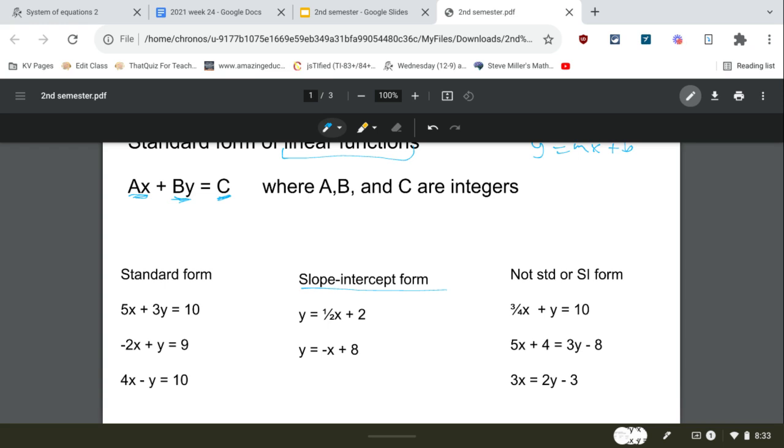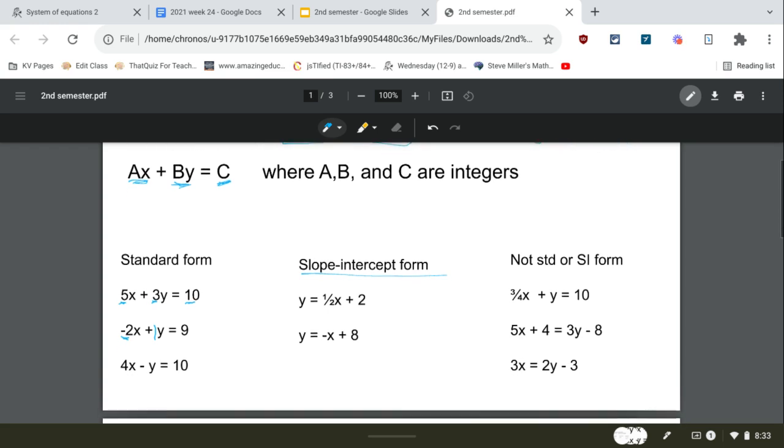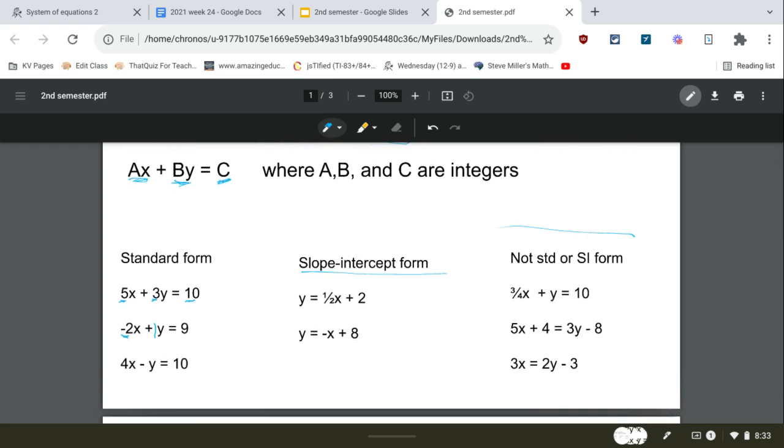The other thing to point out is that the a, the b, and the c all have to be whole numbers. They have to be integers. So like in the second example I've got here, a is -2, b is an assumed 1, and then c is 9. These examples over here on the right-hand side are just some funky form.